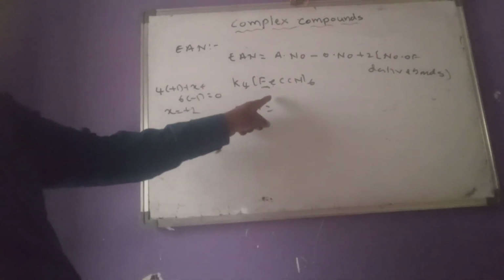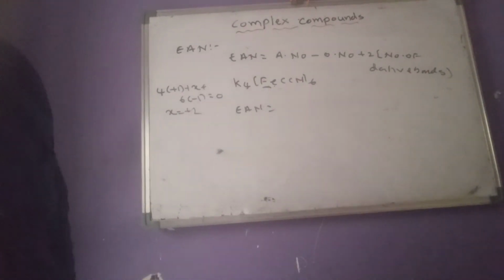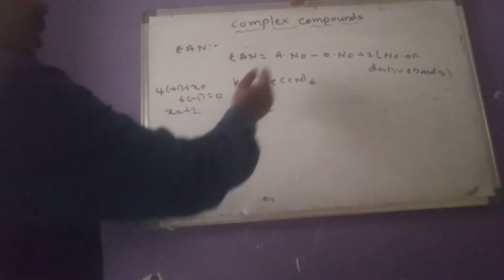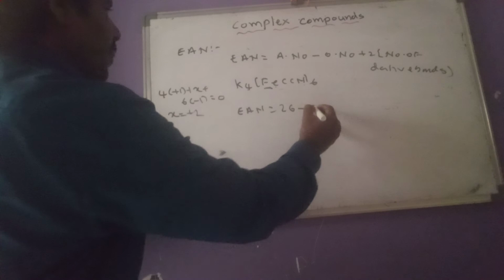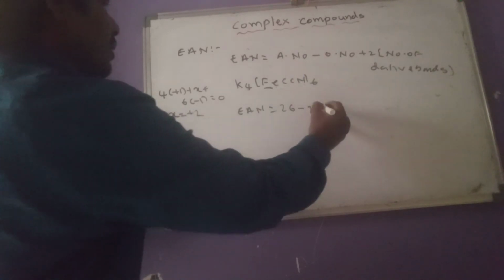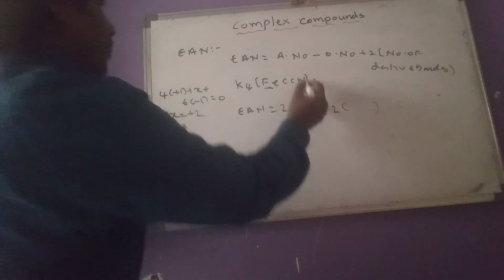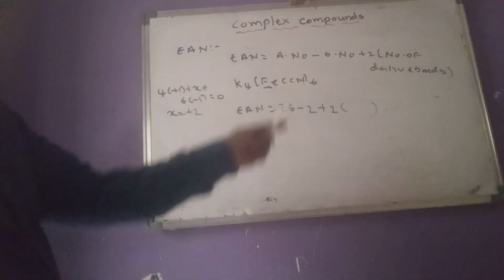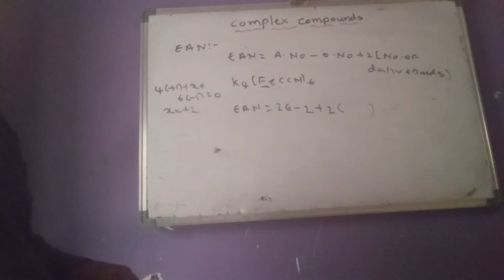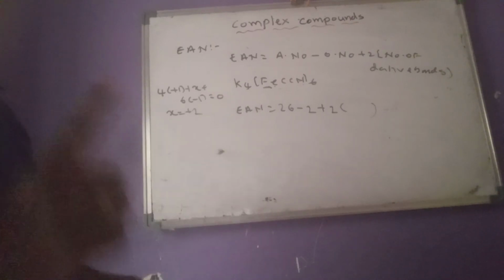So atomic number 26, oxidation number plus 2: 26 minus 2 plus 2 into, each cyanide forms only one dative bond because it is a monodentate ligand.